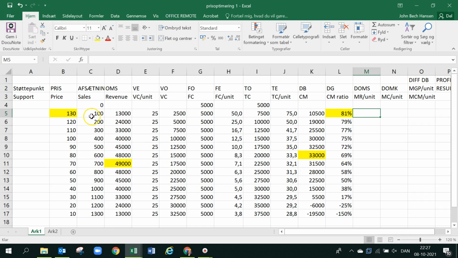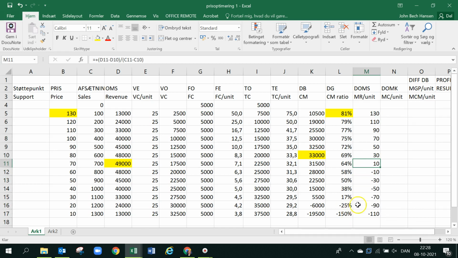So the first 100, well, the marginal revenue per unit will be, of course, the price, but I can make the formula and say the increase in revenue in this increase of sales divided by the increase of sales is the price. If I copy that formula down, I will see that my increase is reducing.